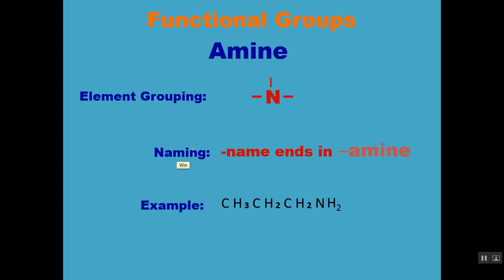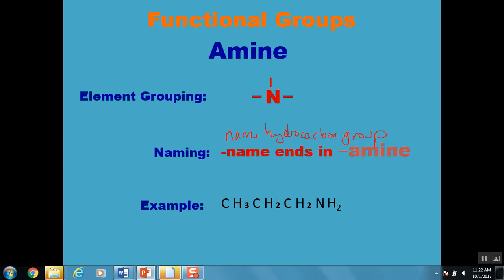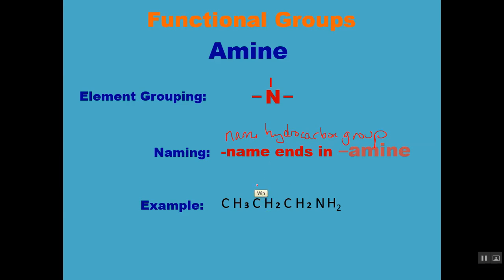So we would say the group of hydrocarbon, and the suffix amine. So looking at this hydrocarbon group we have, we see that we have 3 carbons with the nitrogen and hydrogens attached.